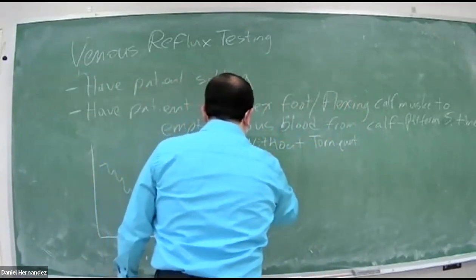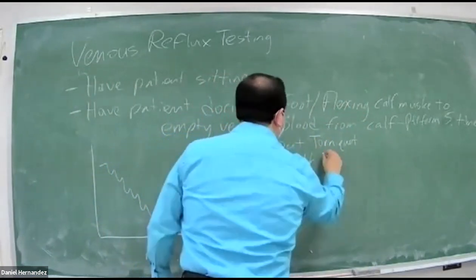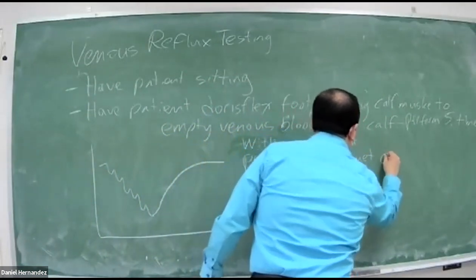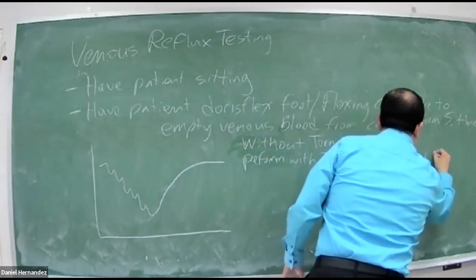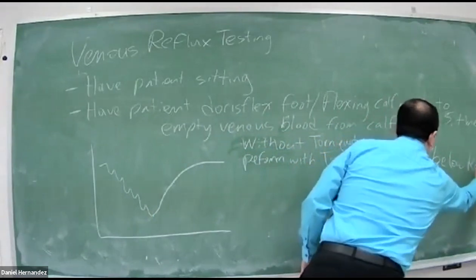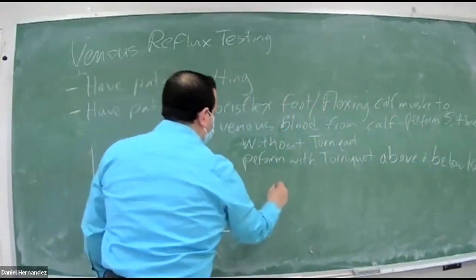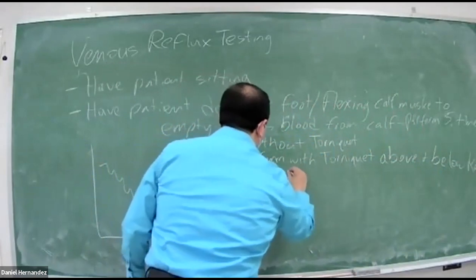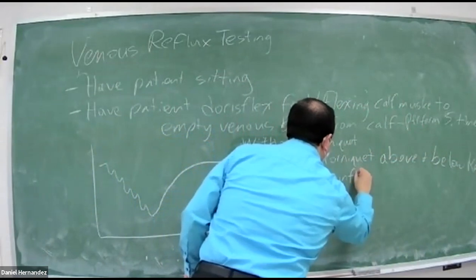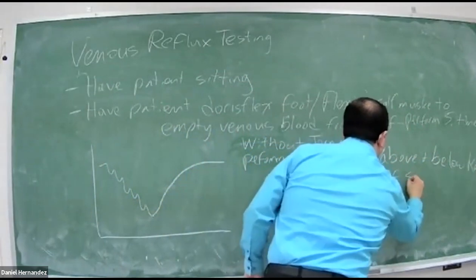And perform with tourniquet above and below the knee. And the reason we place the tourniquet is to remove the influence of superficial veins.